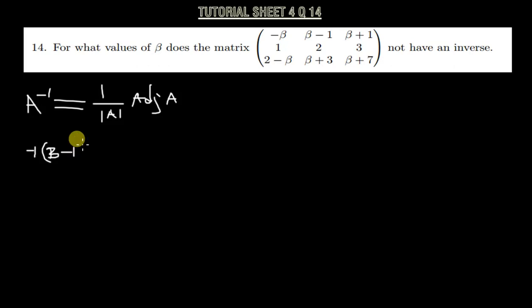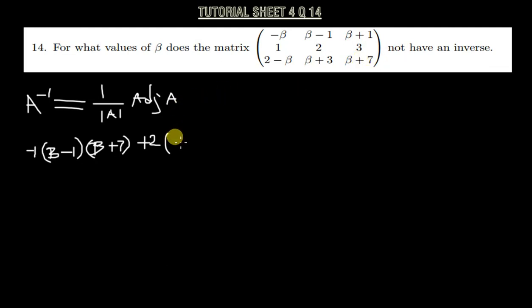Then I'm going to have my plus 2 there, then open brackets, I delete this column and this row. So I'll have negative beta times (beta plus 7).